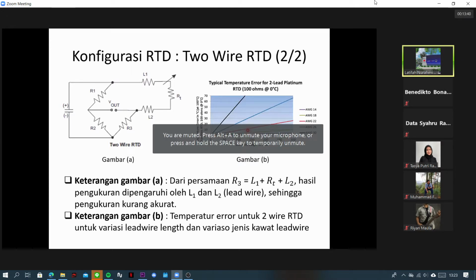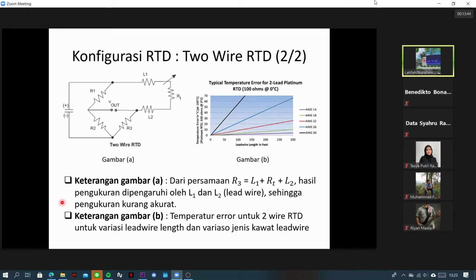All right, now what we can conclude from this RTD, two wires RTD with the Wheatstone bridge. From the equation R3 equals L1 plus RT plus L2, you may want to check out in the book what this R3 is.